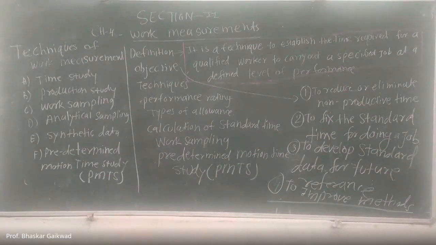This time you initially calculate on the basis of qualified, experienced workers having good performance, and by considering different types of allowances, personal allowance and contingency allowance. Whatever time we calculate is the standard time actually required to complete any job.